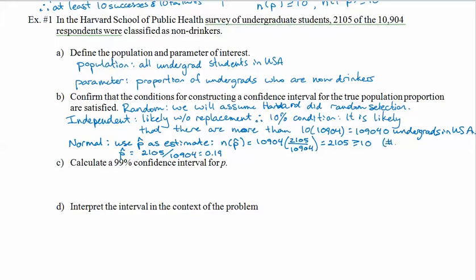That's the number of non-drinkers in our sample. We also need to check n times 1 minus p hat.